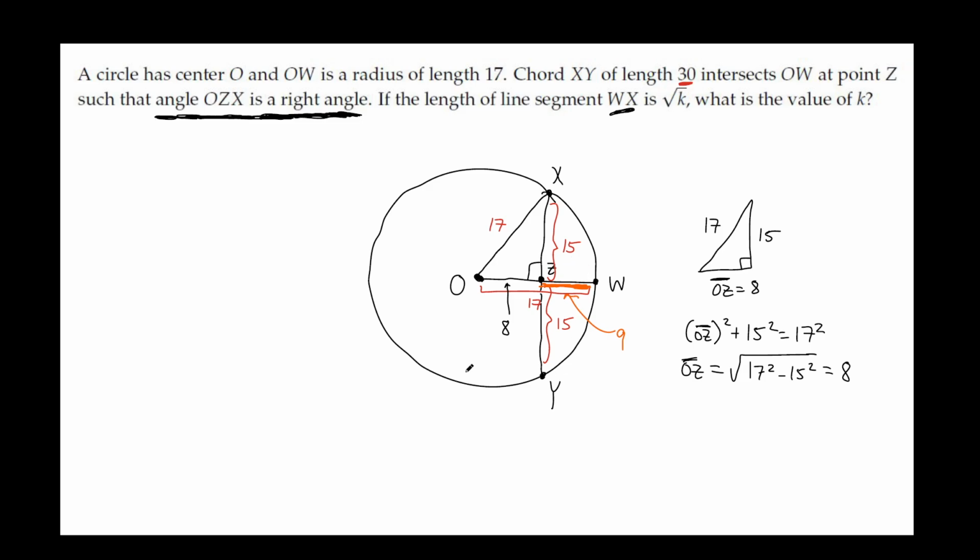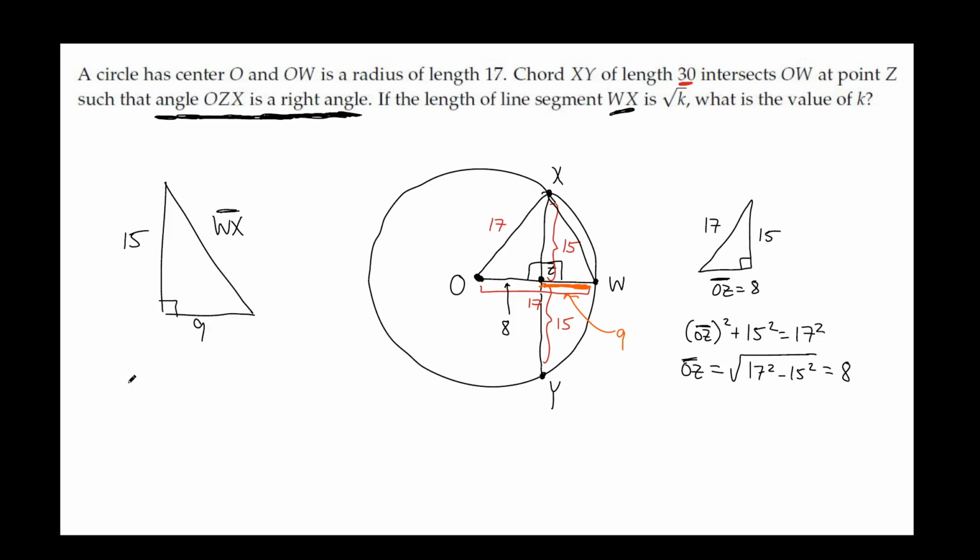Putting this all together, they want me to find WX, right? Well, that seems like I just got to draw one more line from there to there, but there's still a right angle here. So let's say I draw one more right triangle over here. I'm looking for WX, and I know that there's a 15 here, and there's a 9 here.